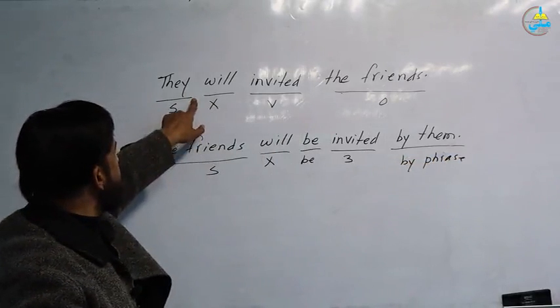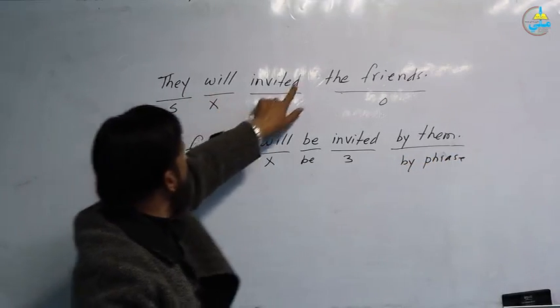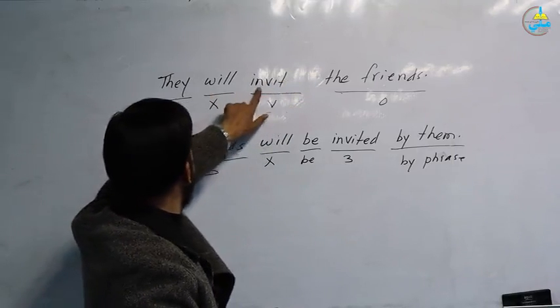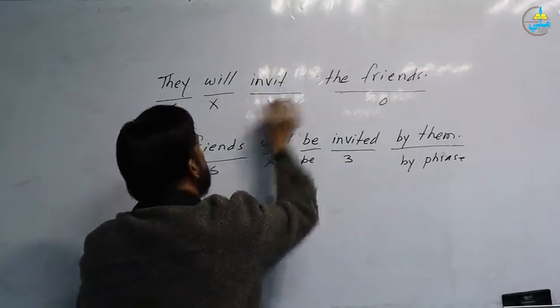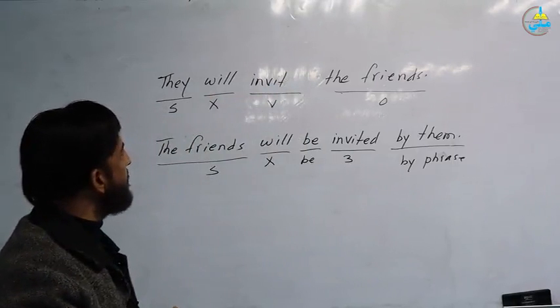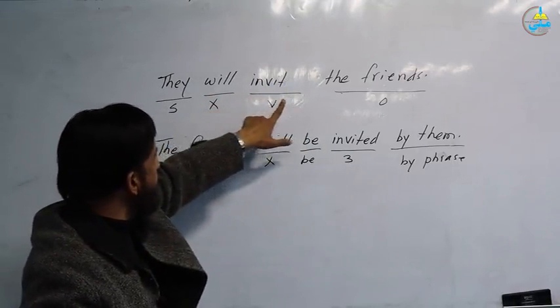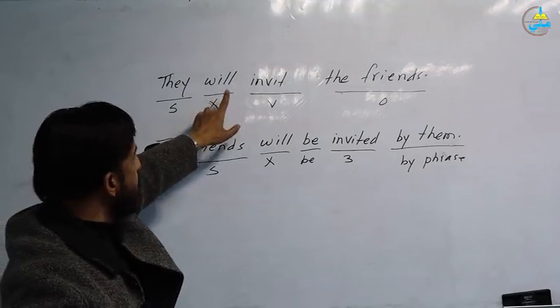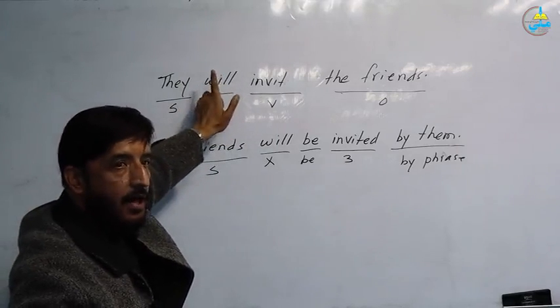This is the active sentence. They will invite the friends. This is future. This sentence has will as an auxiliary.